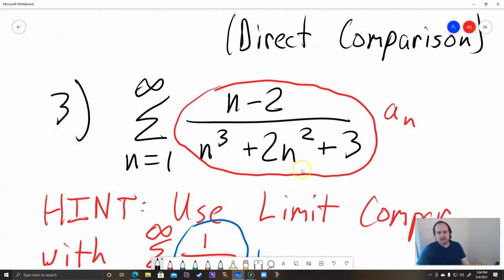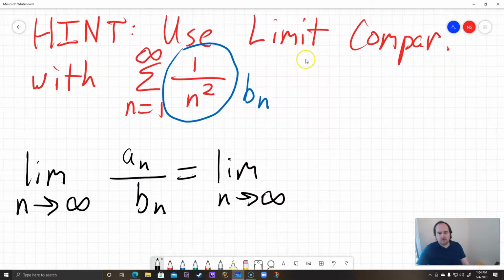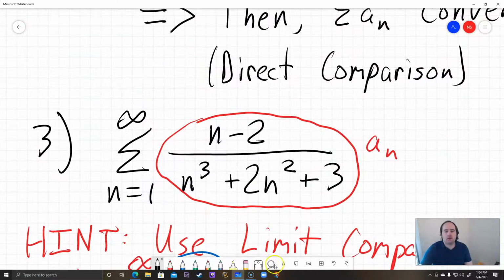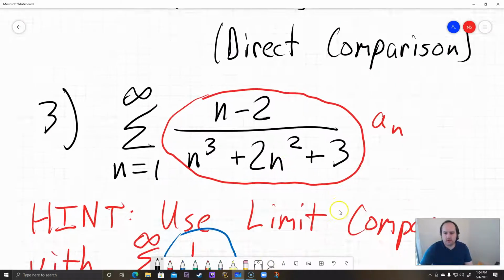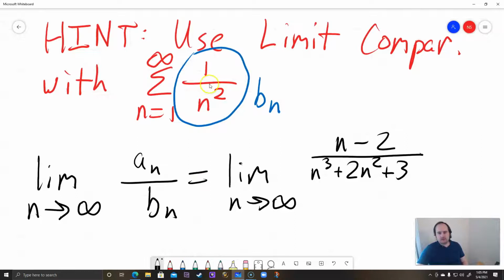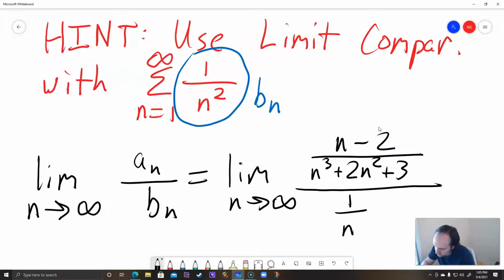An was actually all of this. So it's going to be n minus 2 over n cubed plus 2n squared plus 3, and then this is going to be over bn, which we said was 1 over n squared.